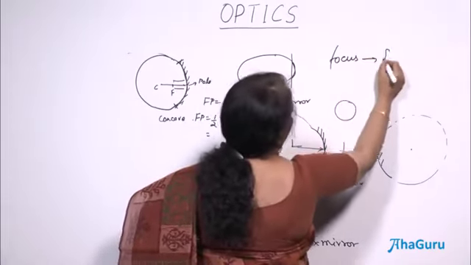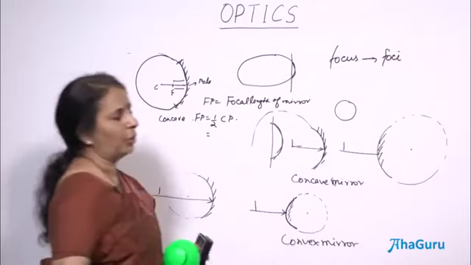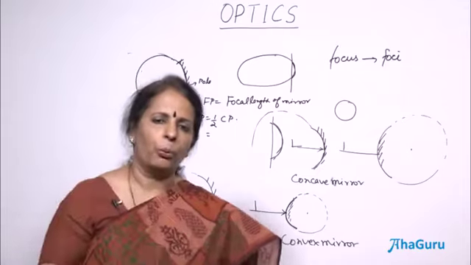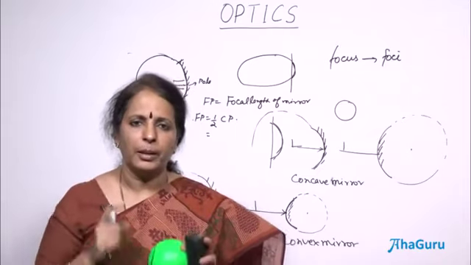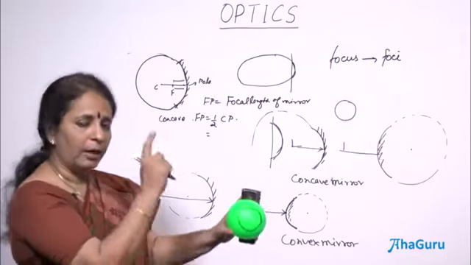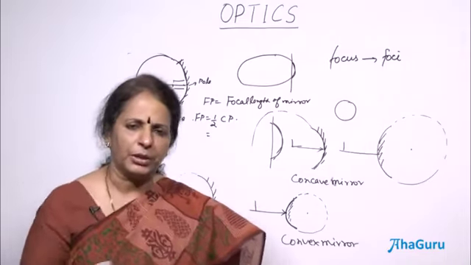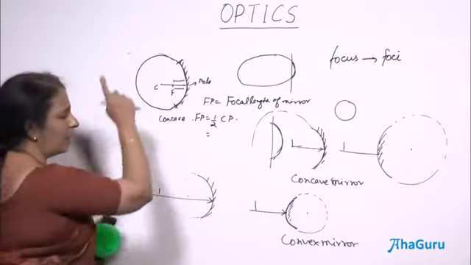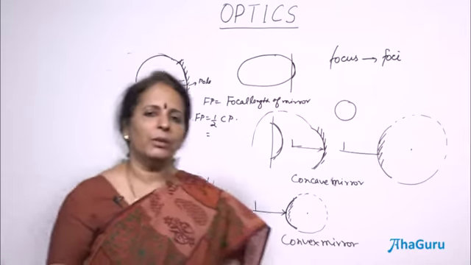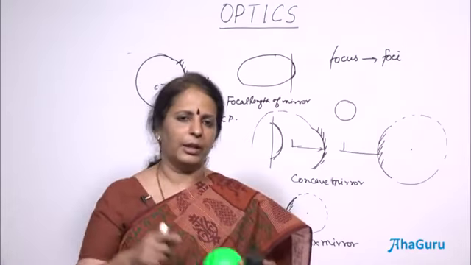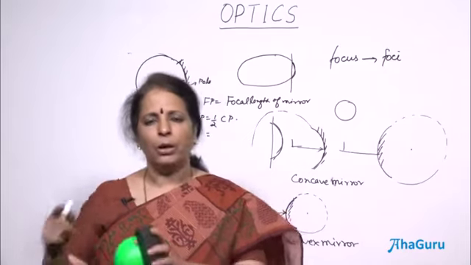You cannot have 2 or more foci, there will be only one focus for one particular spherical mirror, because every spherical mirror will have a particular radius of curvature, and the focal length is exactly half of the radius of curvature. So, naturally it is only a particular distance. Since this distance is fixed, F is also fixed. So, every spherical mirror will have a focus, a focal length, a radius of curvature, a center of curvature, and also a pole.